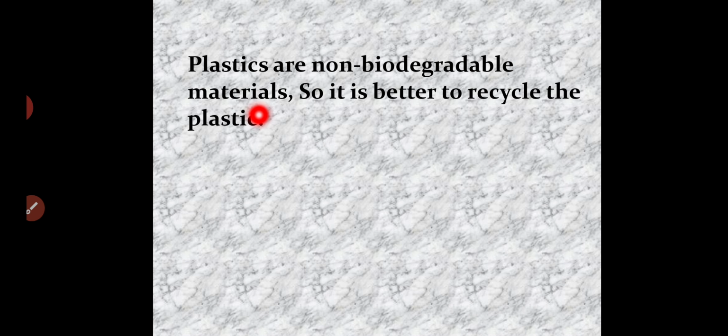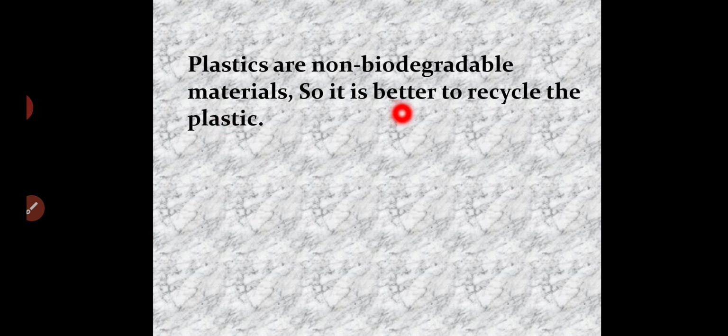Microorganisms will eat them, which means they are biodegradable material. They will mix with the soil or be food for microorganisms. Plastic is not food for microorganisms. It will not mix with the soil, so it is called a non-biodegradable material.